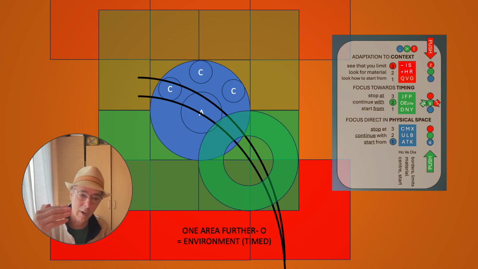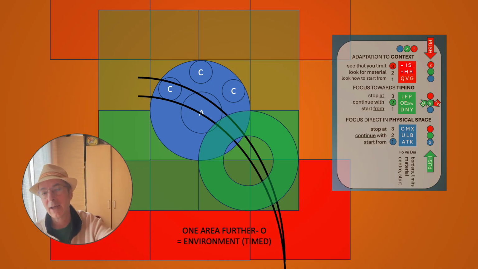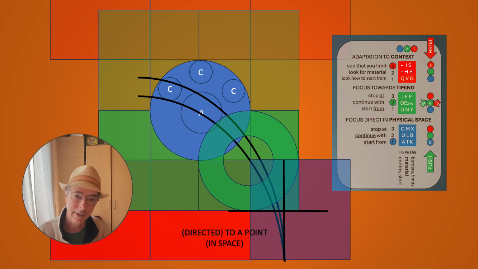But the rounding up of the forms will always be there in this connecting from these two positions. So the A to the O via the R will be slightly rounding as well, and collect material as it goes in the timed frames that it will create there as well.